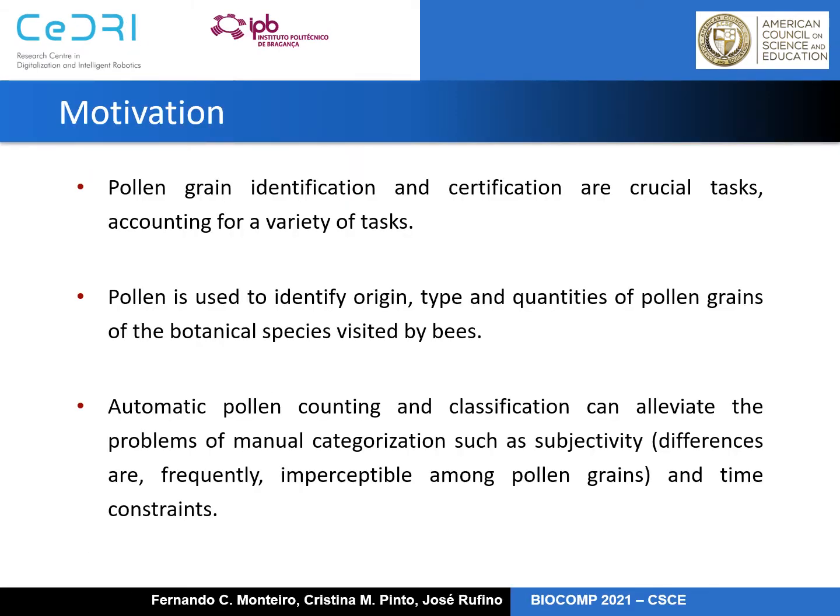The motivation for this study was the importance of identifying and counting pollen and the difficulty of performing these tasks manually. These tasks are important in pollination, crime scene investigation, allergology, as well as botanical and geographical studies concerning origins of honey to prevent honey labeling fraud.